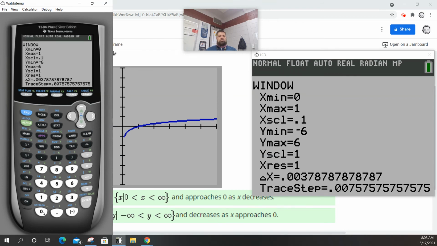And our y minimum, we will put at negative 20. And we will put that at 1. And we'll make our scale 0.1. And then let's graph this.